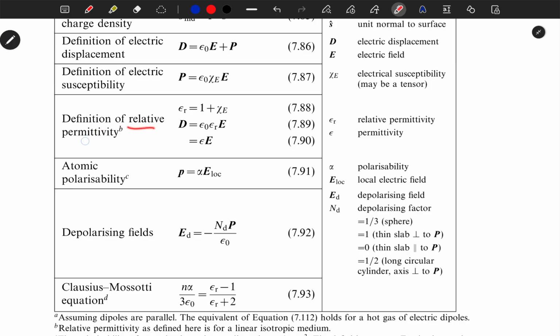Definition of relative permittivity: epsilon r equals 1 plus chi E, and D equals epsilon E. Atomic polarizability: p equals alpha E local, and the depolarizing field E D equals minus N D P by epsilon 0, where N D is the depolarization factor. For a sphere it is 1 by 3, 1 for a thin slab perpendicular to P, 0 for a thin slab parallel to P, and half for a long circular cylinder.